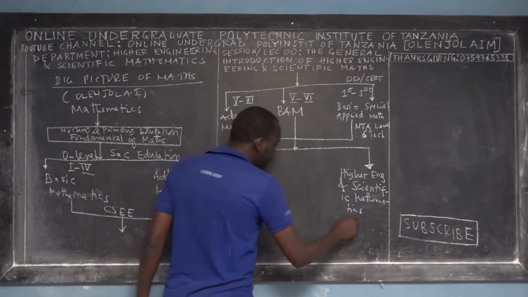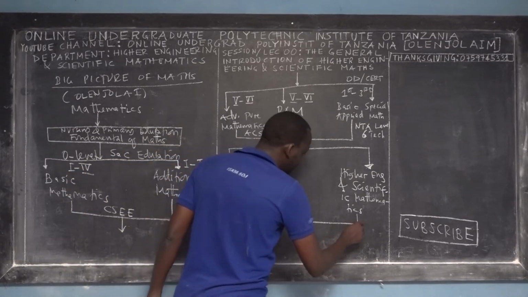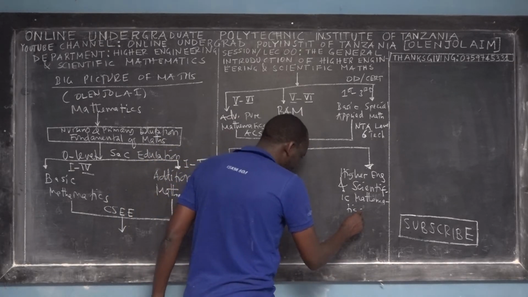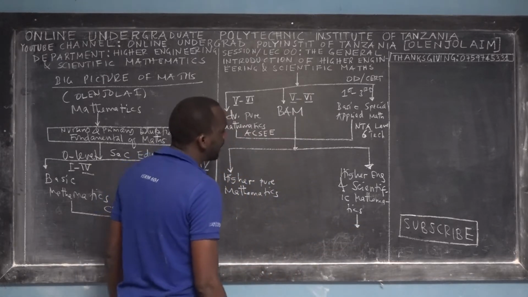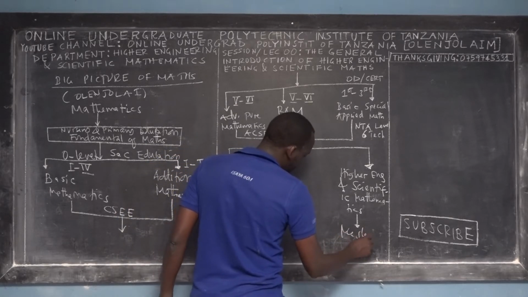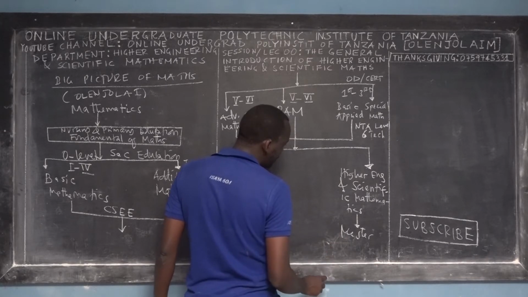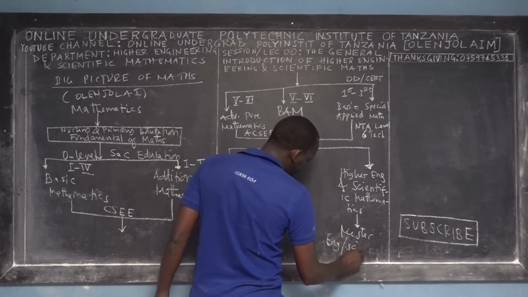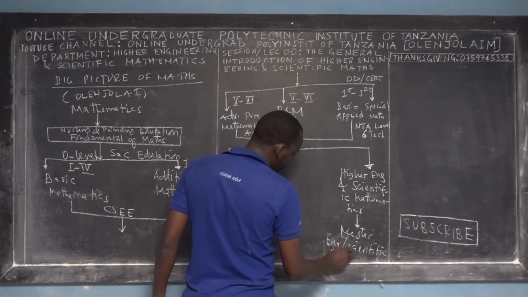Once you graduate there and want to continue with mathematics, you can go to the next level, the master of engineering or scientific mathematics.